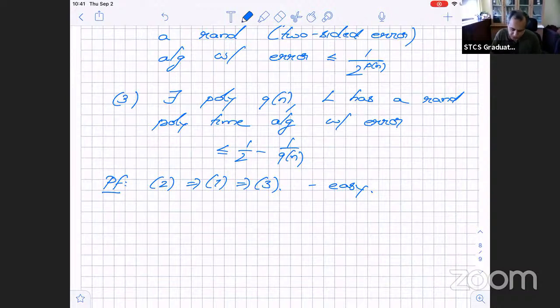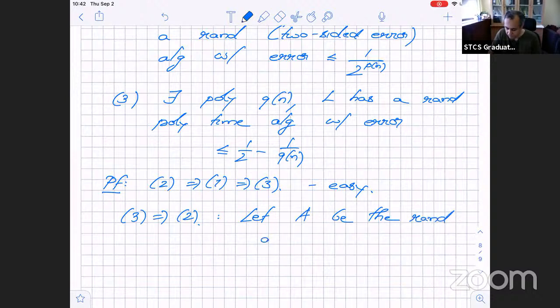So we need to only show that 3 implies 2. That is, we have an algorithm that works just better than random guessing. It's a polynomial advantage over random guessing. Let A be the randomized algorithm from 3.